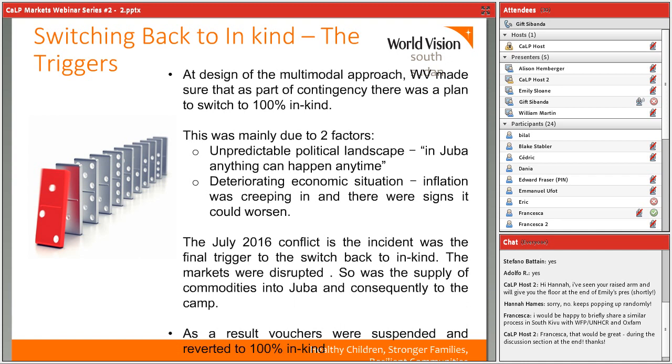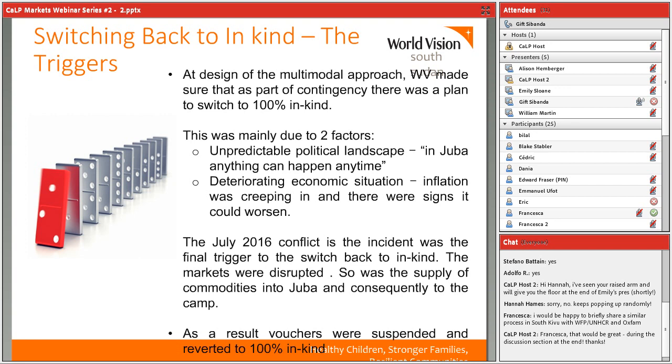But it was also becoming apparently clear that the economic situation continued to deteriorate. Inflation was creeping in, and there were signs that this could worsen to very high levels. But the triggering point was the July 2016 conflict, which was the final trigger. The markets were disrupted, so was the supply of commodities into Juba.